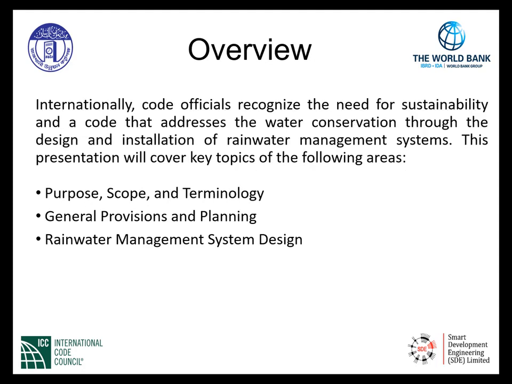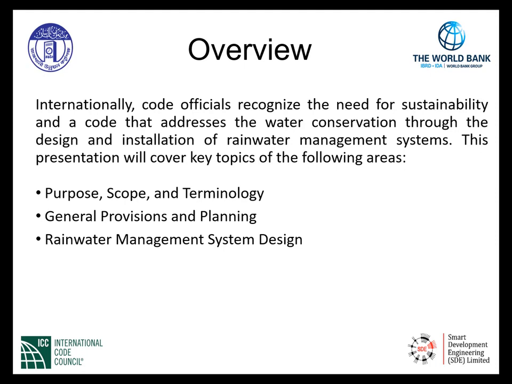The overview of this course helps us understand why internationally code officials recognize the need for sustainability and a code that addresses water conservation through the design and installation of rainwater management systems. This presentation will cover key topics of the following areas. We will discuss the purpose of this code.